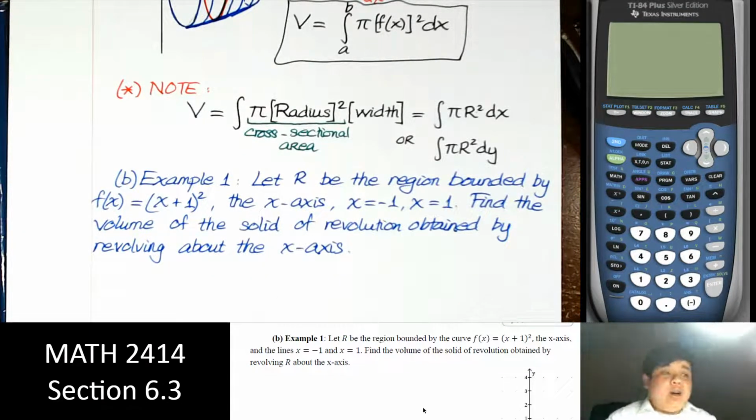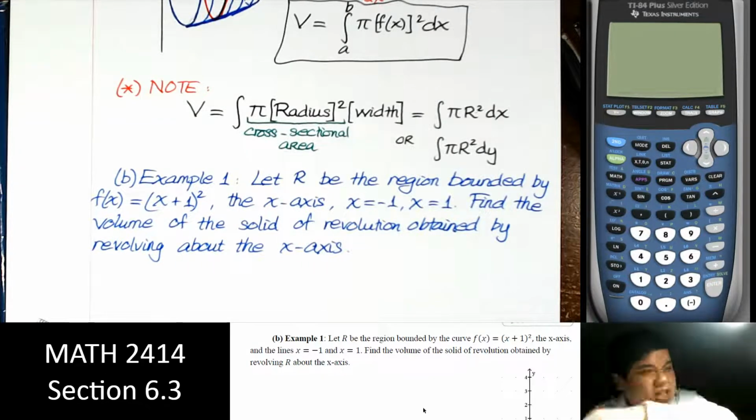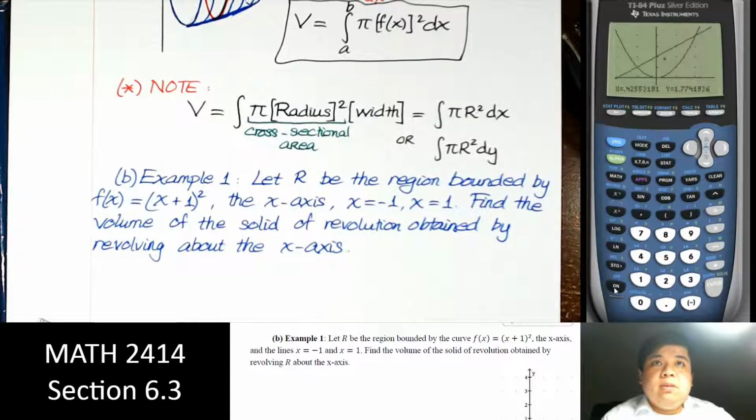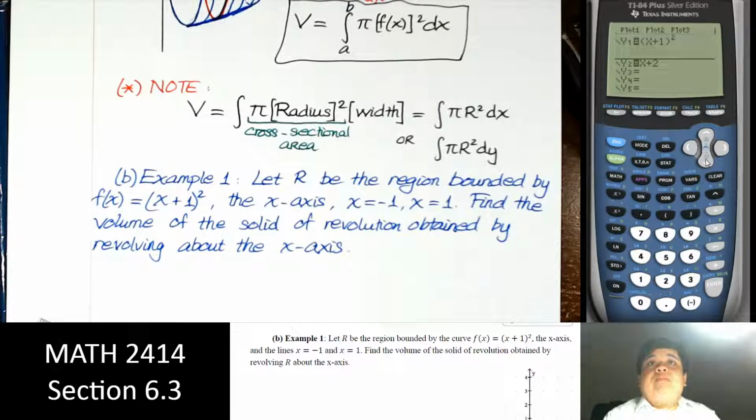Right, so the first part is just like in the last section: we try to draw the region R. We have x plus 1 squared, and the x-axis is y equals 0, so we're just going to graph that.